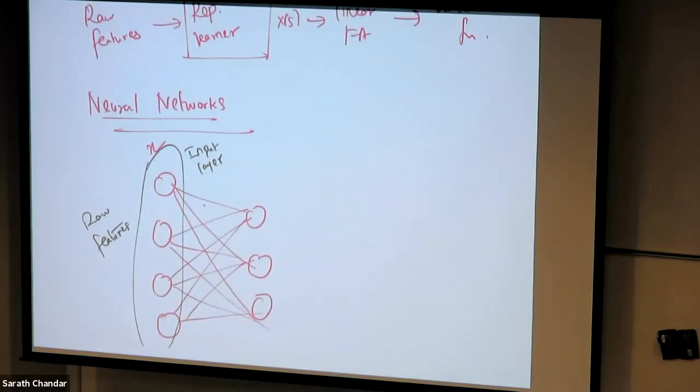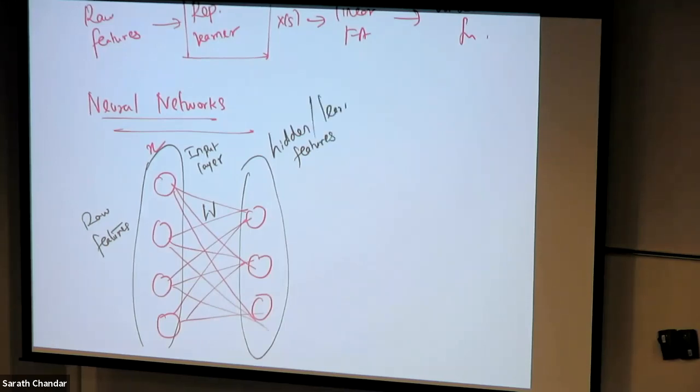This connection is a matrix W, and you have some hidden features that you are learning, or let's just call them learned features. Once you have some learned features, then you can pass this to the linear function approximator.